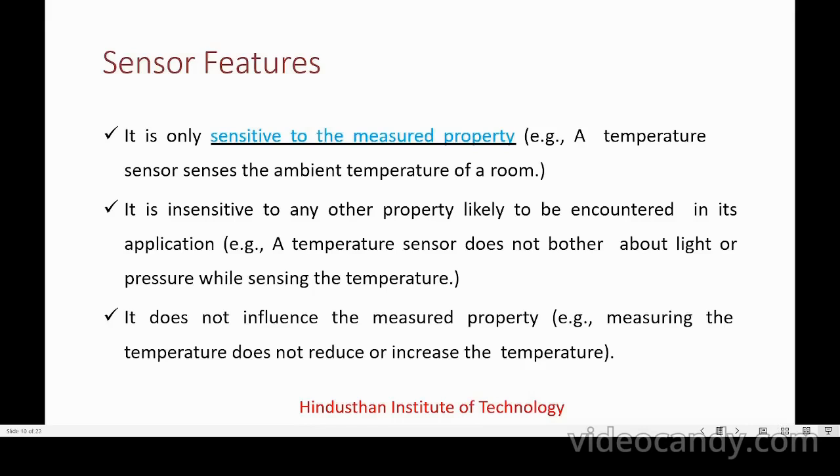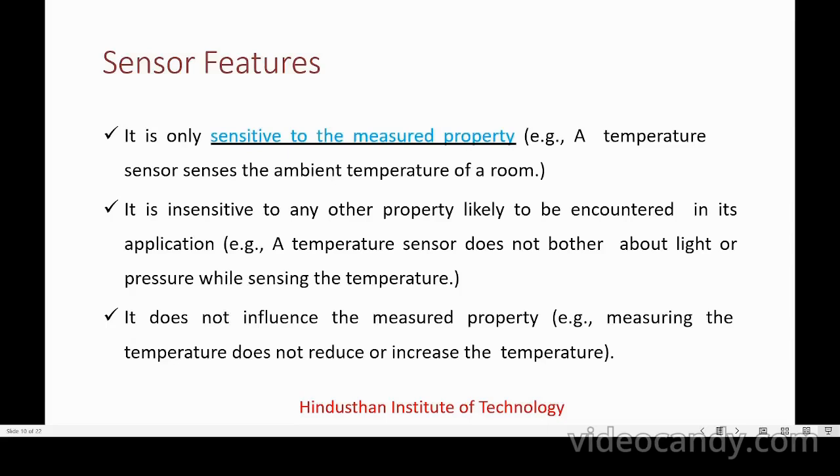Next, what are the features of a sensor? First feature is the sensor will be sensitive to the measured property. For example, a temperature sensor is used to sense the temperature of a room. Second feature is the sensor will be insensitive to any other property.